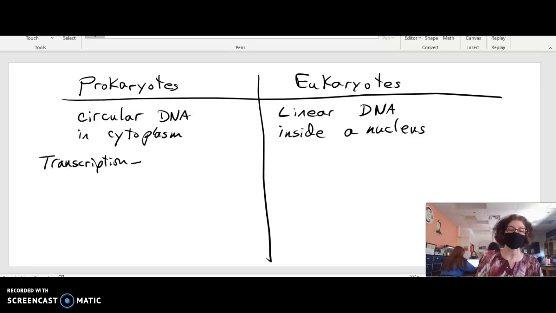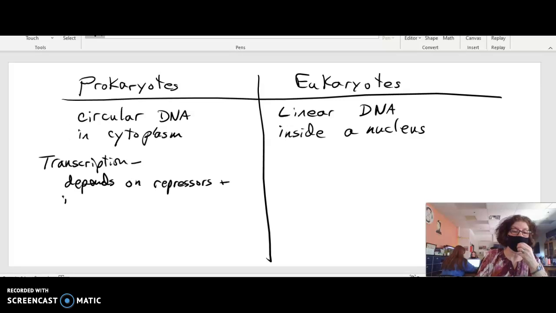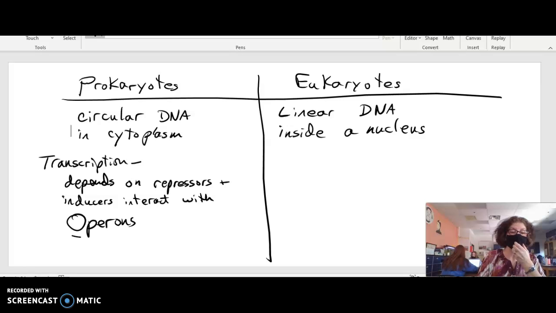Okay, transcription depends on repressors, right? And inducers that interact with operons, right? Operons are a prokaryotic phenomenon, okay?